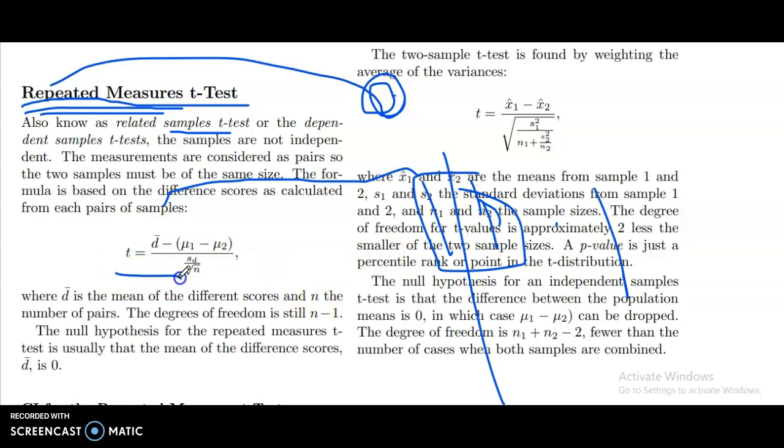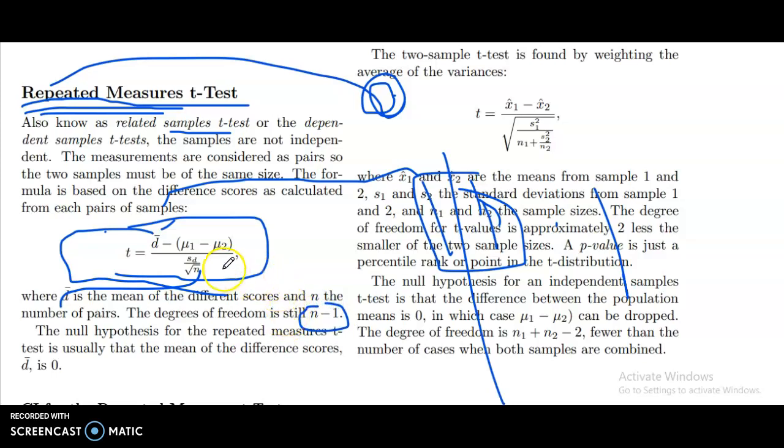So the repeated measures t-test is equal to d bar minus (mu1 minus mu2), divided by s_d divided by root n, where d bar is the mean of the difference scores, and n is the number of pairs. The degrees of freedom is still n minus 1.